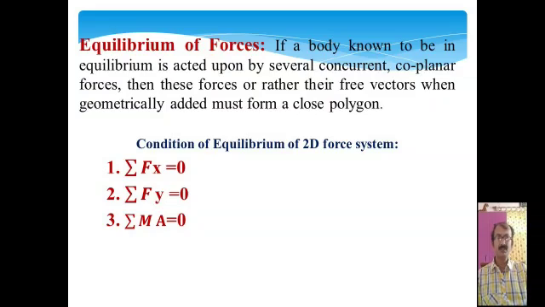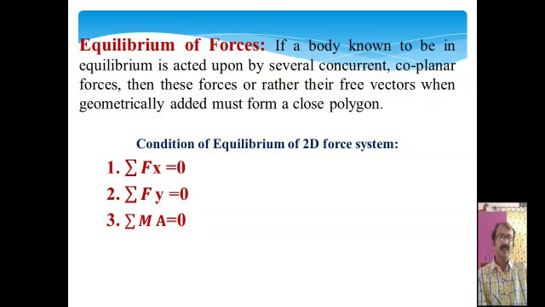Summation of Fx equals 0 means the algebraic summation of all the forces along the x direction equals 0, and likewise along the y direction. Similarly, the algebraic summation of all the moments with respect to a particular point A equals 0.